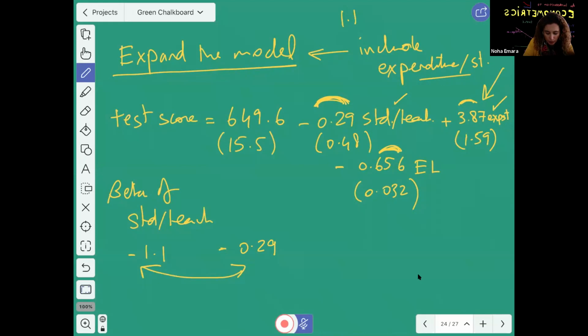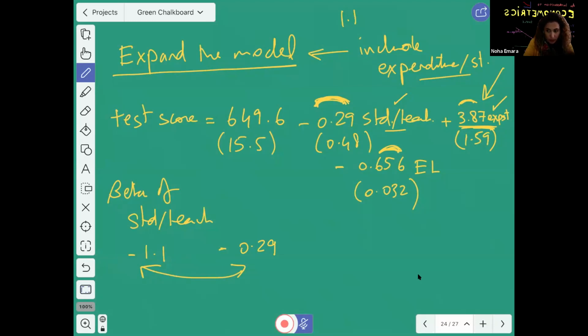So I do not expect that these two variables are perfectly collinear, but it might be the case that they are imperfectly collinear. And that's why once I included this variable, it dropped. It used to be negative 1.10, now it's negative 0.29 after adding the expenditure per student.